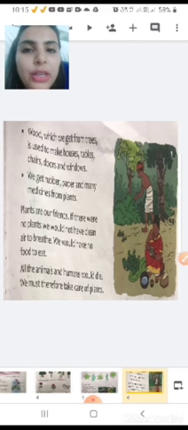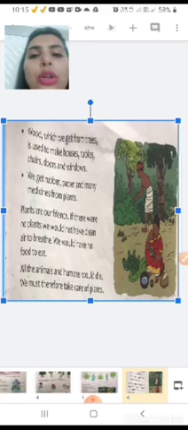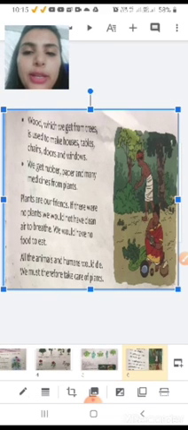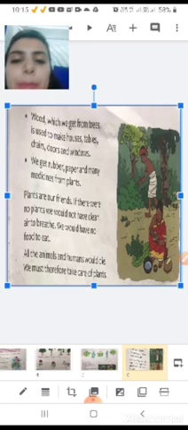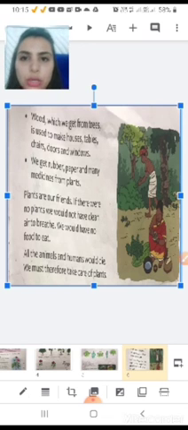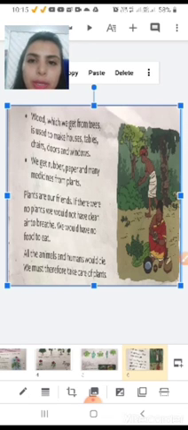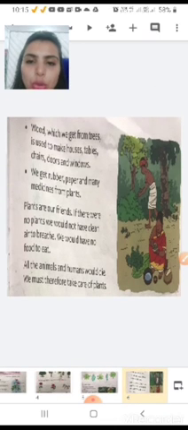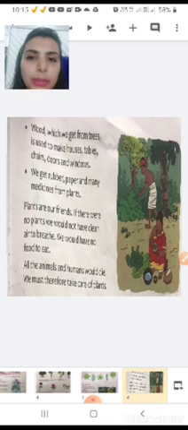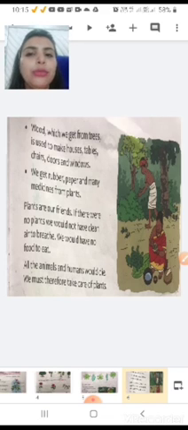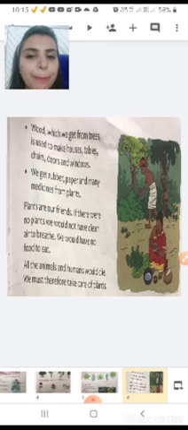In your homes, you have seen many things made of wood. So this is also one use of the plant. Now next, we also get rubber and paper, which we use. You use rubber and paper, right? The rubber and the paper which we use, we also get from the plants. And there are many medicines, as I told you, which are made from the plants. So we get medicines also from the plants.